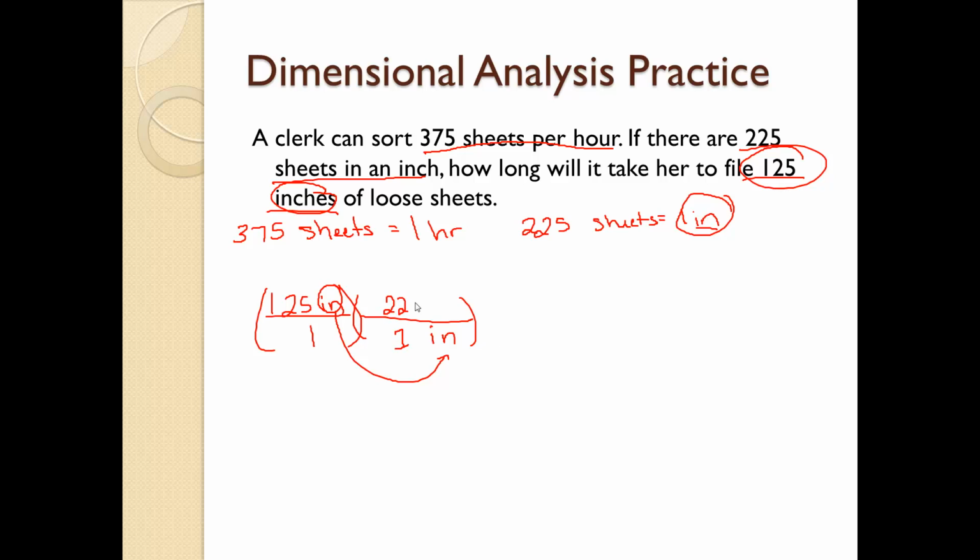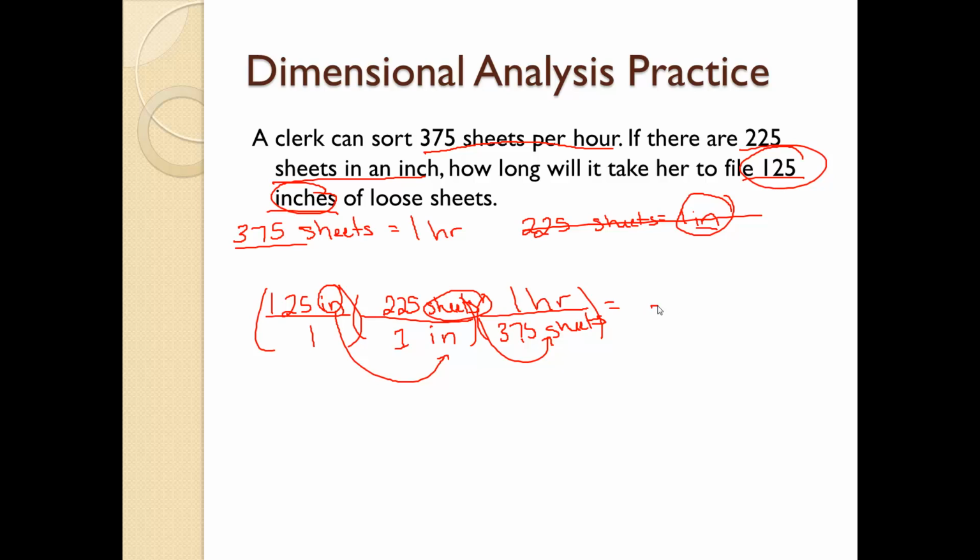Cross it out so it doesn't confuse me. We have sheets on top, so I want to put sheets on the bottom of the next one. 375, and that is how many she can do in 1 hour. So 125 times 225 because it's on top, divided by 375 because it's on bottom, and it comes out to be 75 hours.